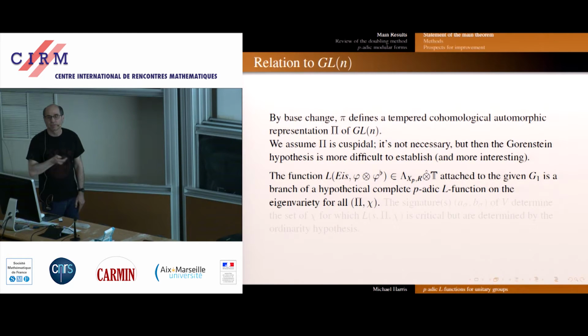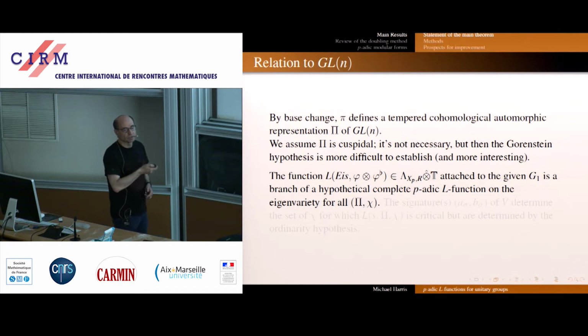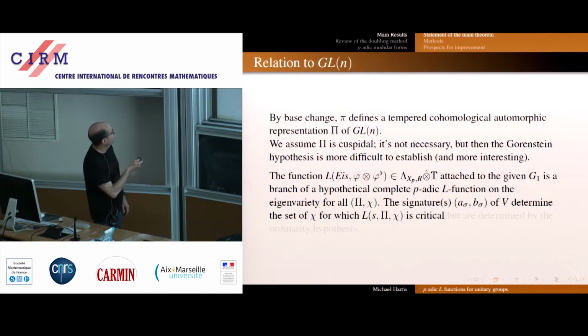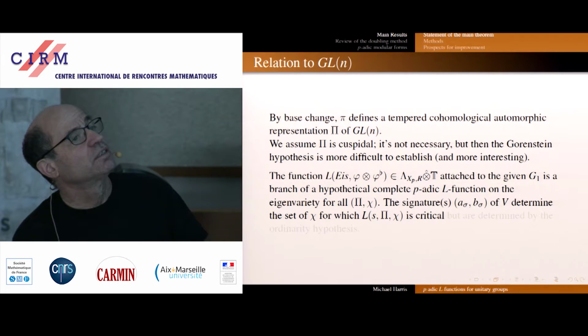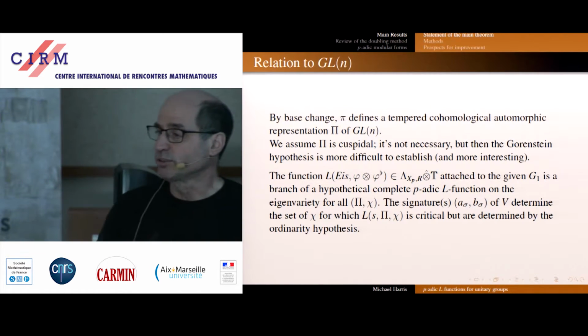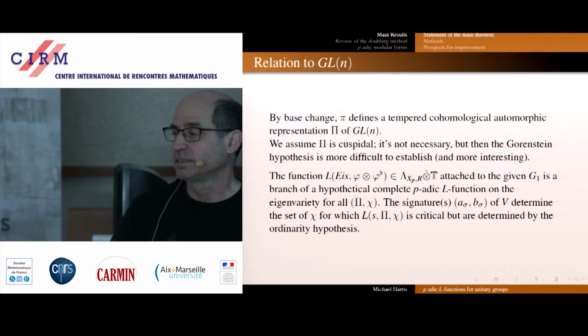The general picture is that there's an eigenvariety attached to this capital pi. And sometimes it has ordinary pieces, and all the ordinary pieces show up on different unitary groups. The signature determines that. And it also determines where the special values are critical in the Deligne sense.